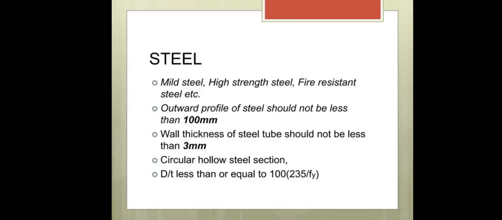The first member which plays a vital role in CFST is steel. Mild steel and high strength steel are widely used in CFST. There are minimum guidelines which should be followed while making CFST, which are shown in the slide.